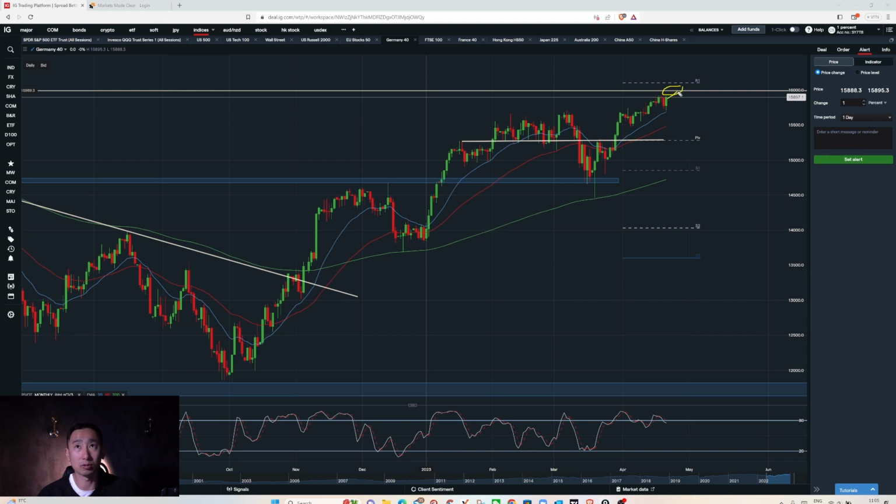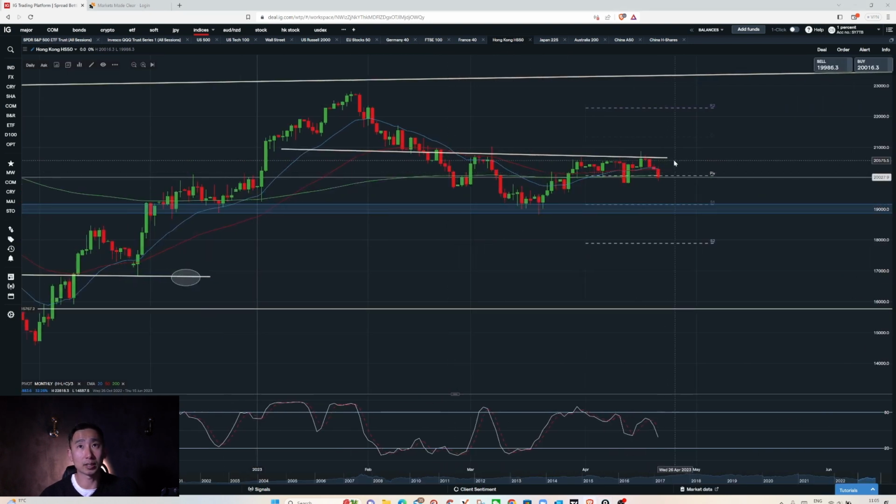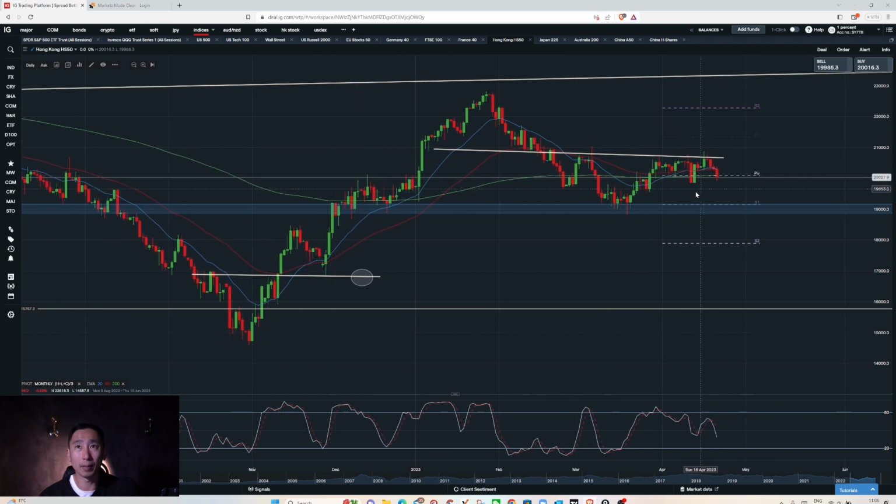But if we do see a rejection, then maybe sell the US indices because they're a little bit weaker to me. Asia side, the Hang Seng is still rejecting a resistance around the 20,700 area. It's not the best to trade. For me, I'm happy just to use it as a reference to see. Okay, so that's all for me for the indices side.